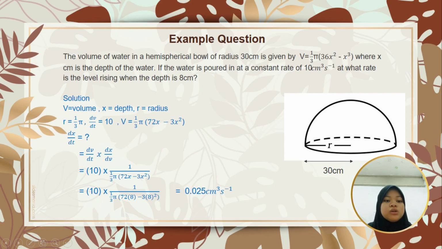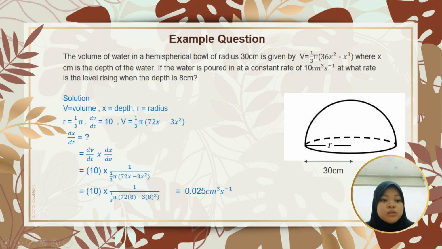As you can see here, I took out the general terms first: V equals volume, x equals depth, r equals radius, and then 1 over 3 pi, and dV over dt, which is something I need to find, equals 10 as given in the question.